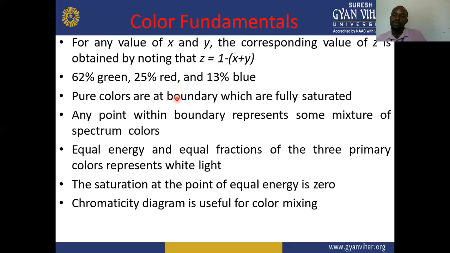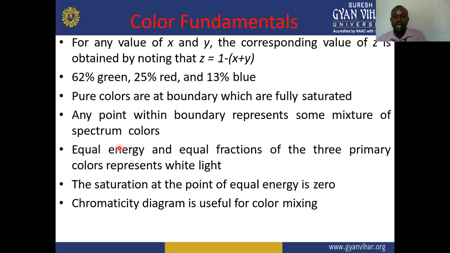So we can obtain pure colors at a boundary which are fully saturated. Whenever we have full saturation of, say, green, red, and blue, that is the point where we have the pure green. That is the purest form of green and the purest form of red as well as blue. And any point within the boundary represents a mixture of spectrum colors.